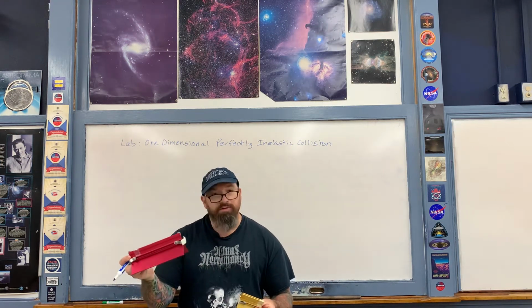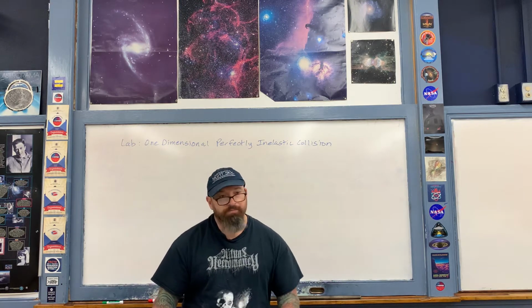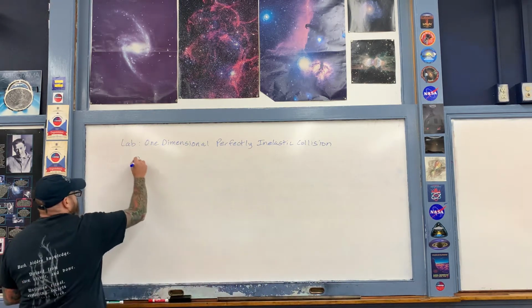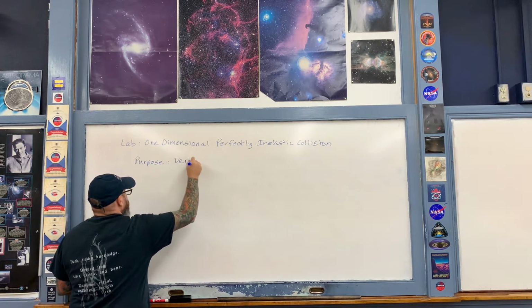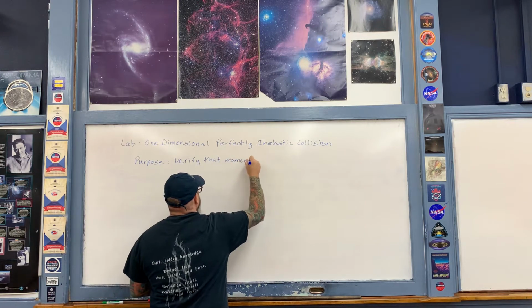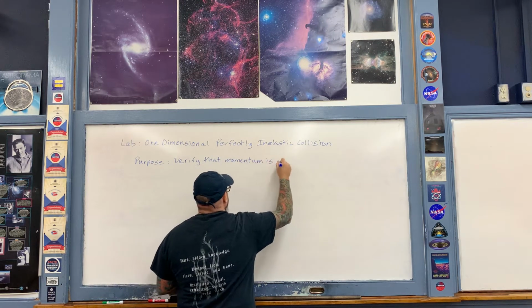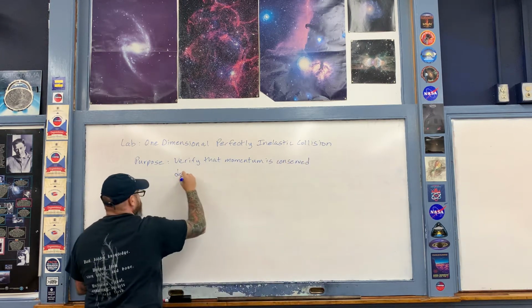So I'm going to refer to the red cart as M1, and I'm going to refer to the gold cart as M2. Now the purpose, first of all, of the experiment is to simply verify that momentum is conserved during the collision.